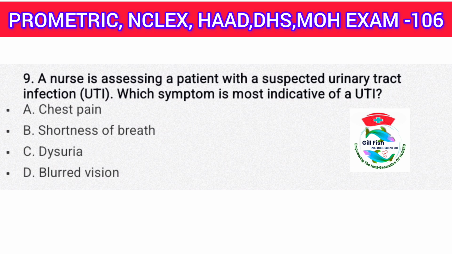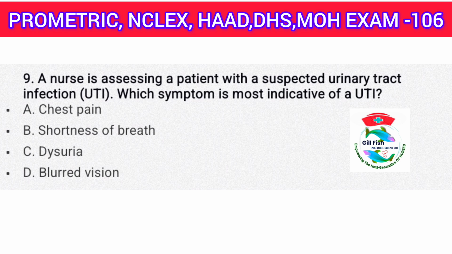You can identify it. Chest pain, shortness of breath, blurred vision won't come. What is the correct answer here? Yes, dysuria. So option C is the correct answer for urinary tract infection. Dysuria means difficulty in urination, along with a burning sensation while passing urine.